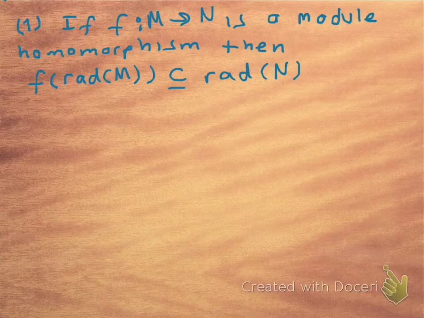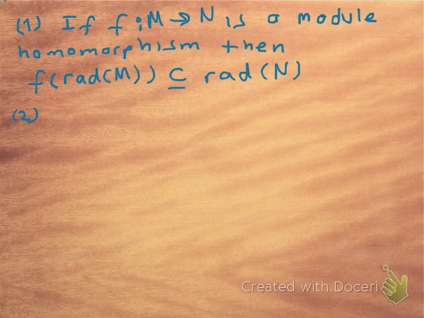Well, the first corollary says any module homomorphism carries the radical of the domain module to the codomain module's radical. So radicals are invariant under homomorphisms in particular. We'll prove this in a moment, but let's show another corollary that's immediately available to us.